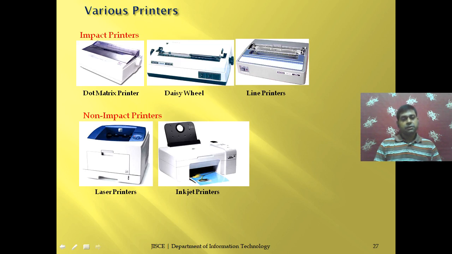The laser printer takes less time to print a page, but dot matrix, daisy wheel, or line printers consume much more time to print one paper, one A4 size or whatever size paper.